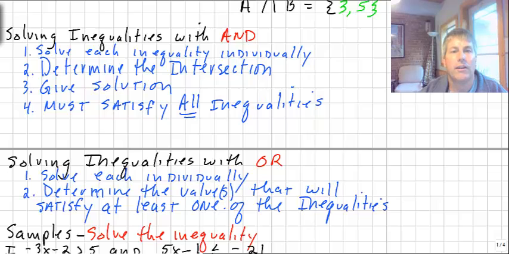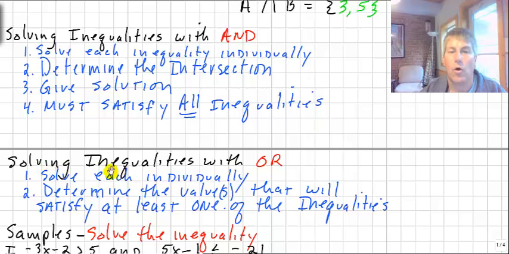So if we're going to be solving inequalities with "and", we want to solve each inequality individually. We might have a couple of problems or 3 problems. We've got to solve each individually, and then we need to determine the intersection, the overlap. Then we give the solution, and that solution must satisfy all the inequalities.